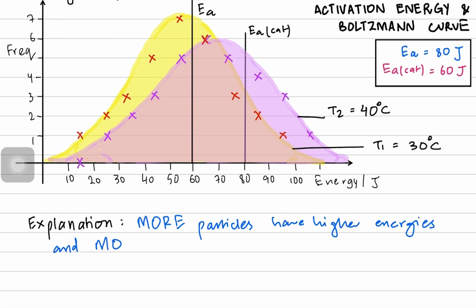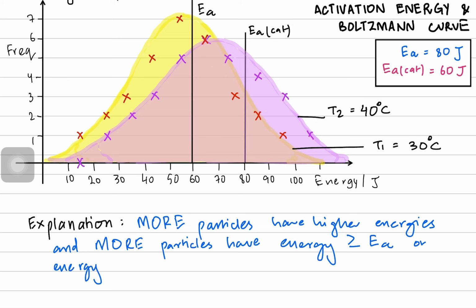And we say that more particles have energy more than or equal to activation energy, or for example you can say energy more than or equal to the catalyzed activation energy, EA catalyzed.